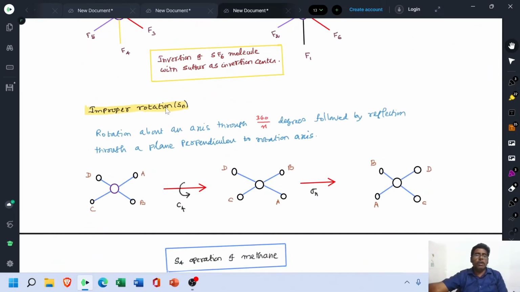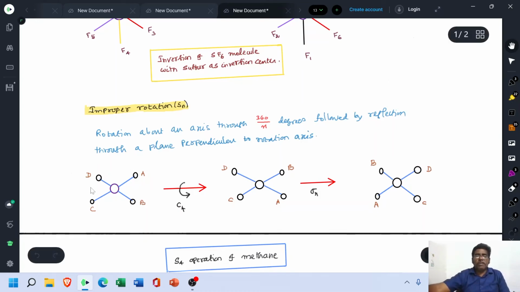The final symmetrical operation is improper rotation. Rotation about an axis through 360 by n degrees followed by reflection through a plane perpendicular to rotation axis will provide improper rotation symmetry. That means rotation followed by reflection will provide the same structure.